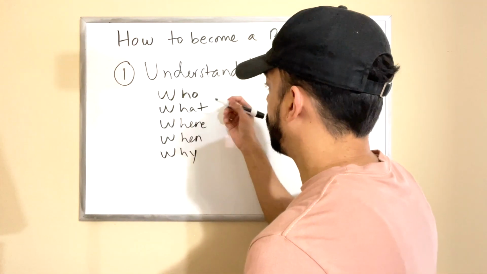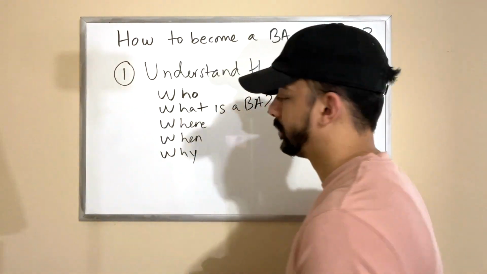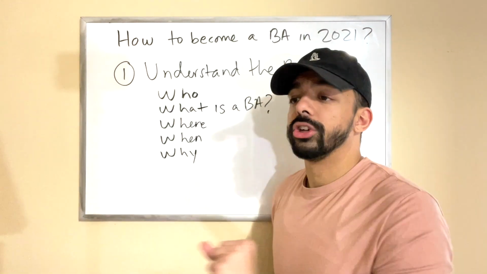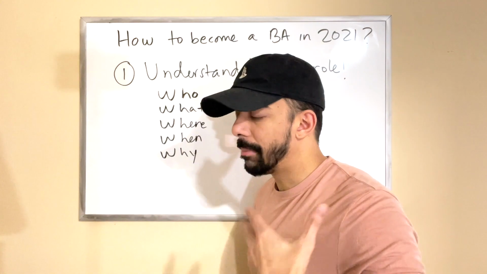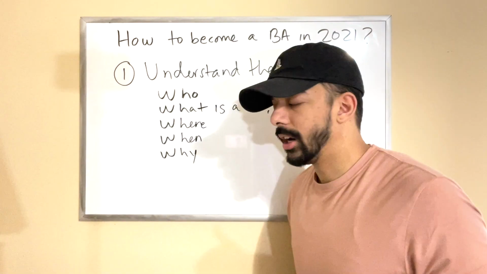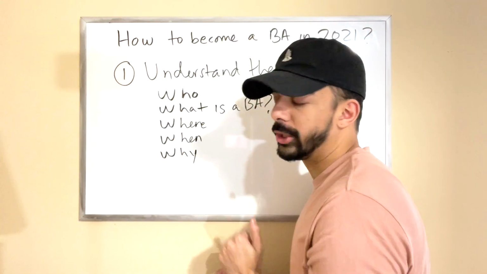So let's start with, what is a BA, right? A liaison between the business stakeholders and the developers, right? Somebody who writes requirements. Again, got plenty of videos on this that are going to be available for you guys. But again, what is a BA? But then the next question, right?